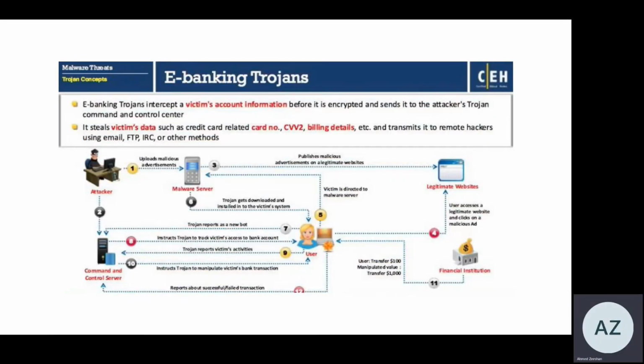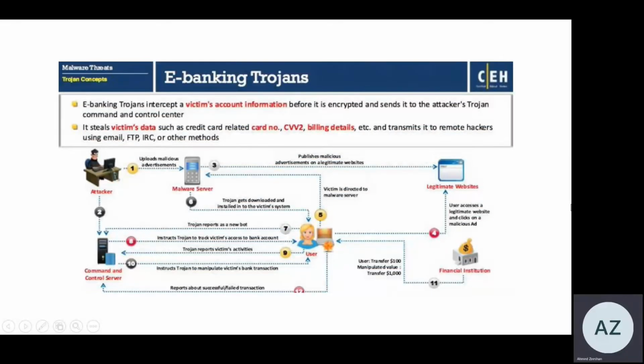E-banking Trojans. We all use e-banking, yes. We don't want to be a victim of an attack. You don't want an attacker to get your account information, okay? What an e-banking Trojan does is intercept the account information before it is encrypted and send it to the attacker's Trojan command and control center. It's pretty bad.